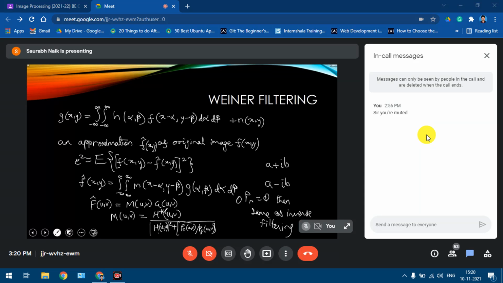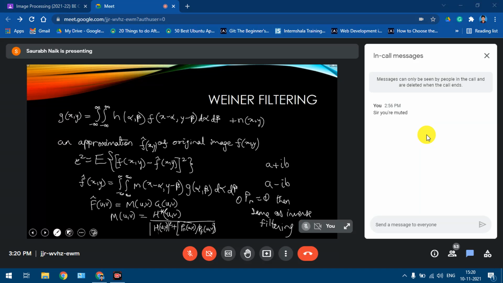Now, the way we can reduce this is by using the mean square error, which is basically given by the square root of the difference of squares, not sum of squares, difference of squares.